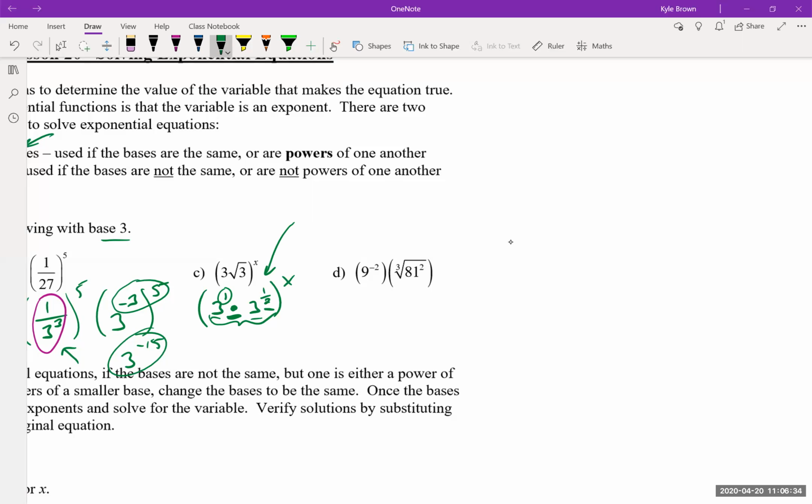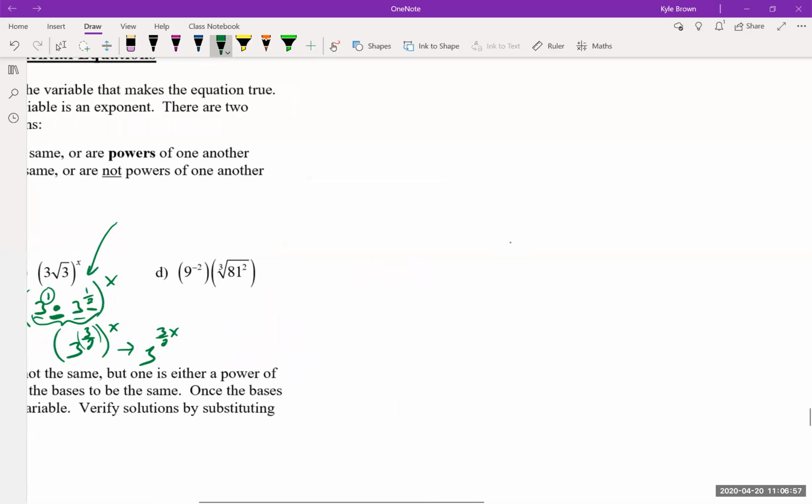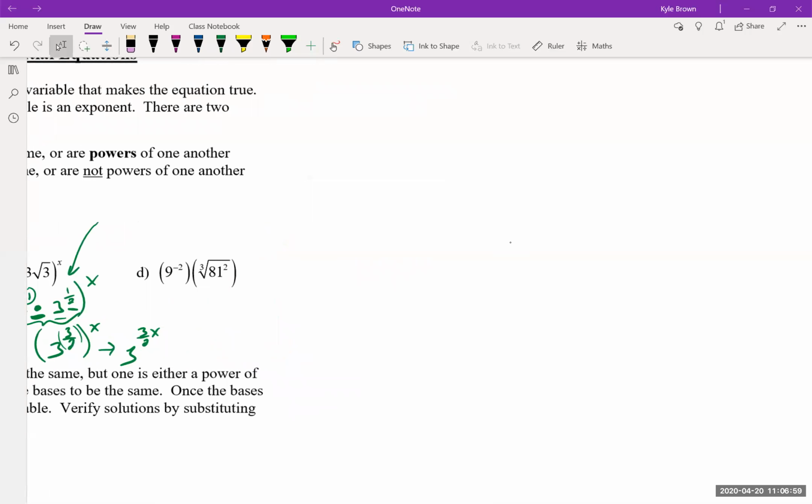That ends up becoming 3 to the power of 3 over 2, or 1.5, same thing, all to the power of x. I could write that a little bit cleaner as 3 to the power of 3 over 2 times x, so 3 to the power of 3 over 2x. All right, so now this one.